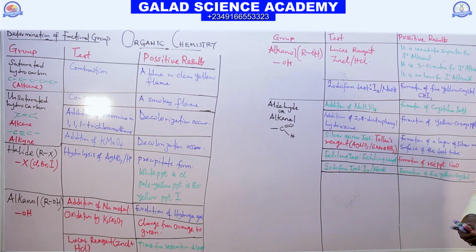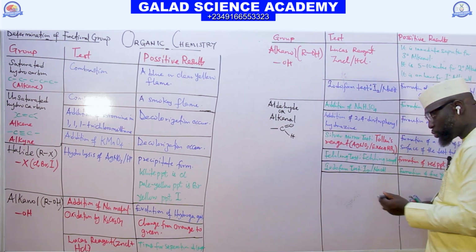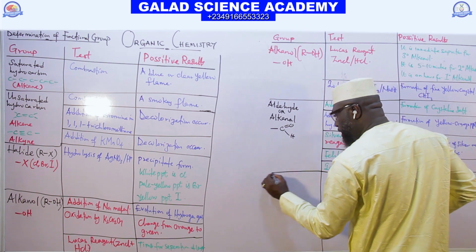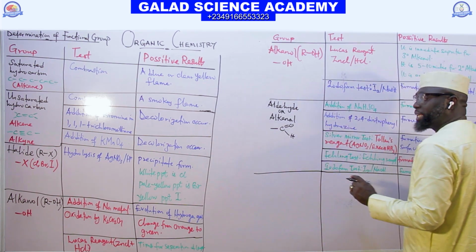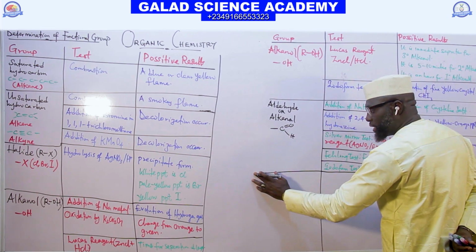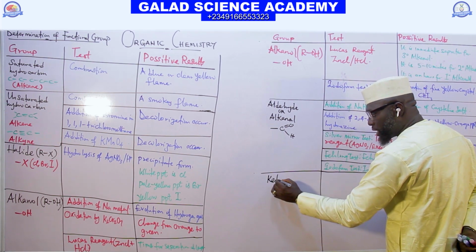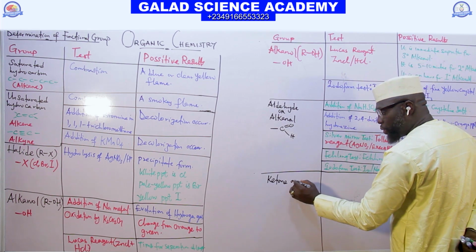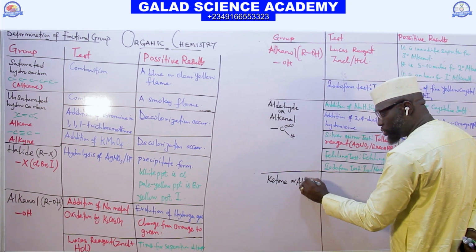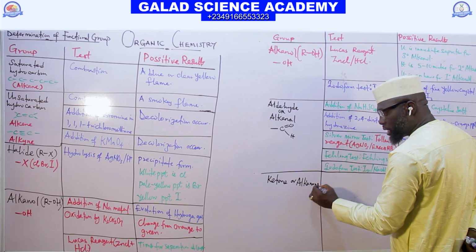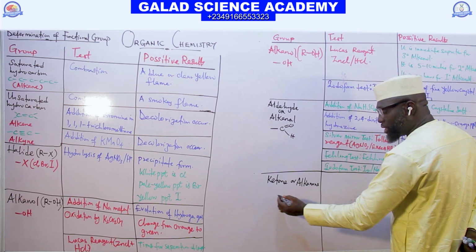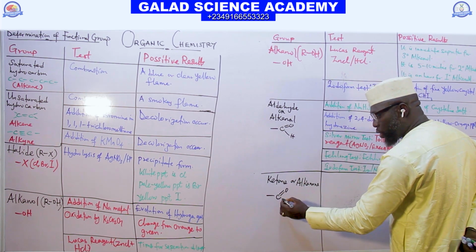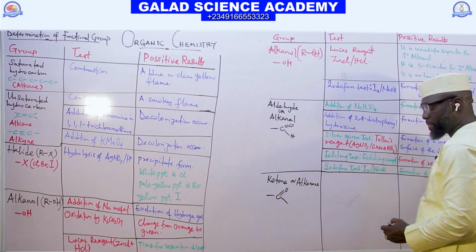So the next one is what we called ketone. The next group is ketone, or we can also call it alkanone. And the functional group for alkanone is this or this.